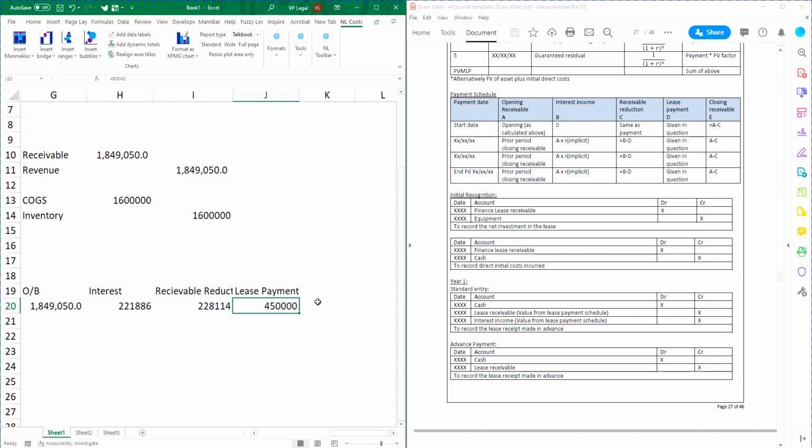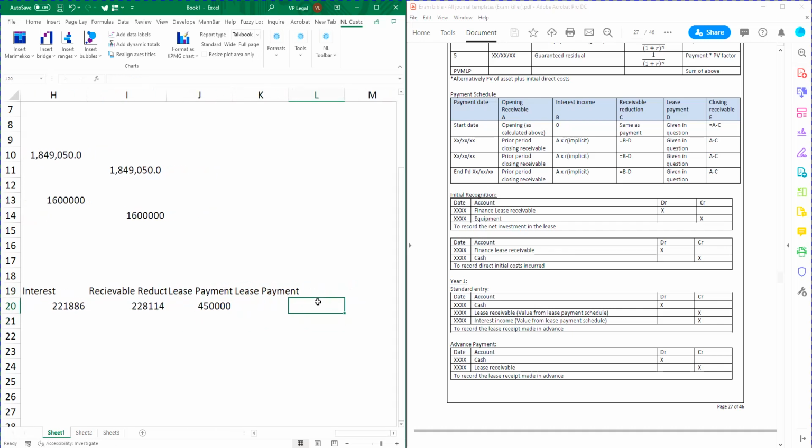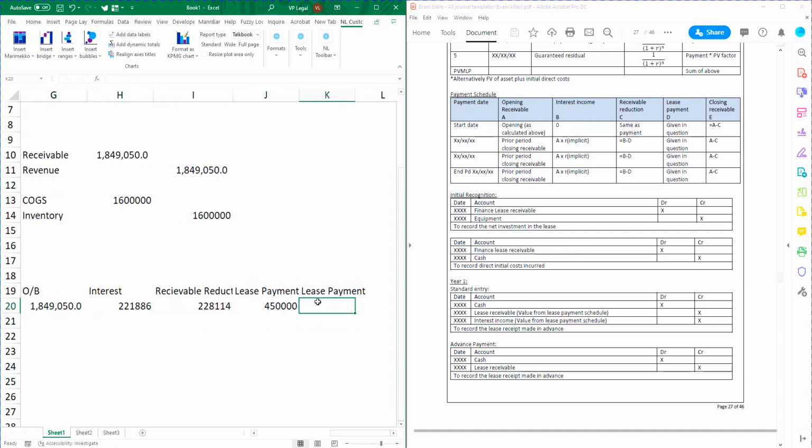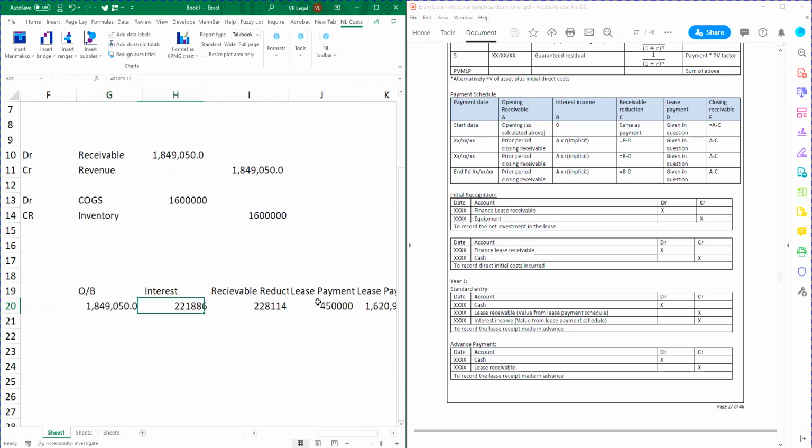Okay, and then the closing balance, which we don't need to do, but in a longer question we'd have to do this for every single period. You'd go A minus C, which is the opening balance minus the receivable reduction. In short, what you're saying is it's just like a mortgage. Your balance is always increasing with interest, and then you're paying it off, some of the balance and some of the interest, right?